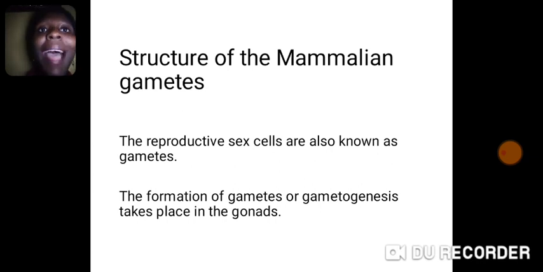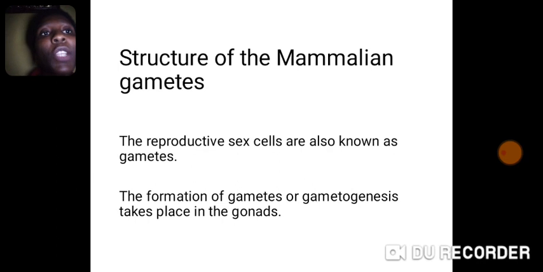While the female gamete of human beings will be called the egg or ovum. You can also call it eggs or ova for plural.